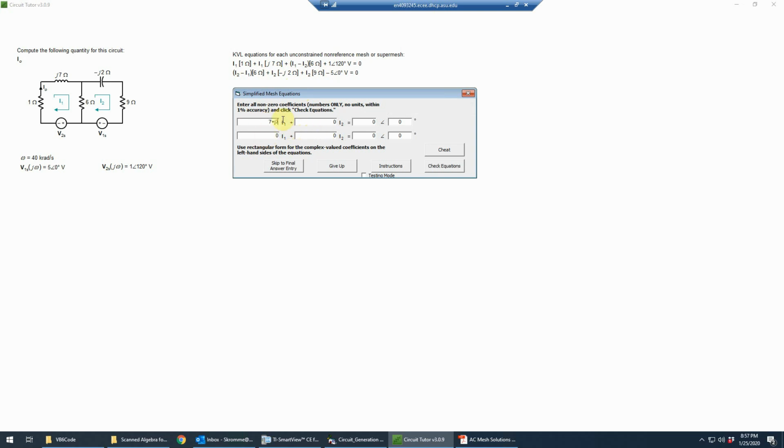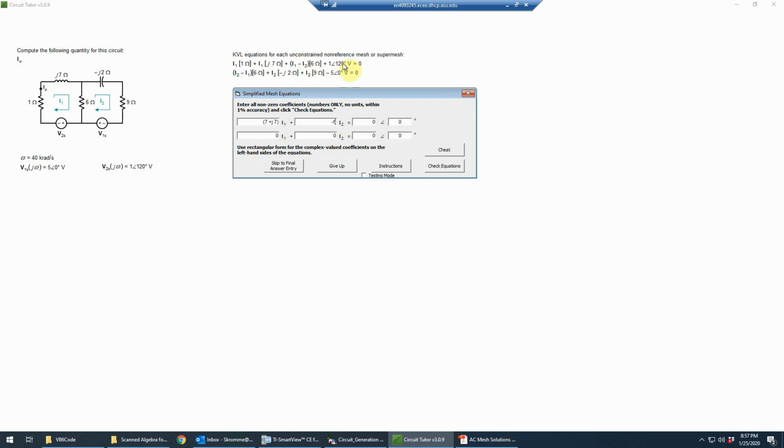And these are generally complex numbers, so they might be real. And the ones on the right are entered in polar form. And the reason that's done is simply because that's usually more convenient based on the original form of these equations. Okay, so that's the I1, and then the I2, we see we just have a minus 6. So we just put minus 6 there.